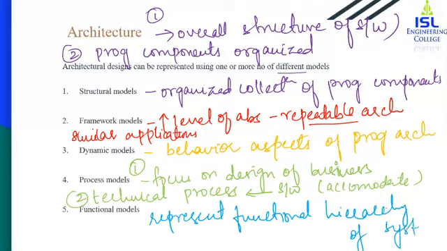Functional hierarchy means you might have one specific task, and within the specific task you might have a list of different tasks that can be implemented. So that is your task hierarchy. So there are 5 different models. Whenever you are designing an architecture, it can be represented by making use of either one or many models. You can use the structural model, framework model, dynamic model, functional model, or process model. Based upon your requirement, you are going to use a specific model.